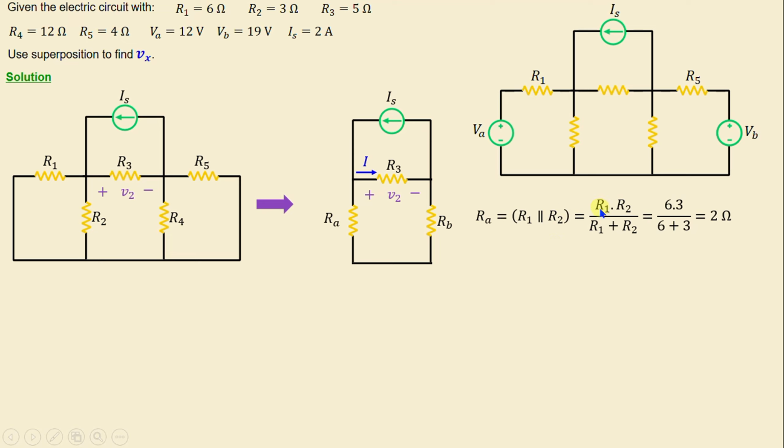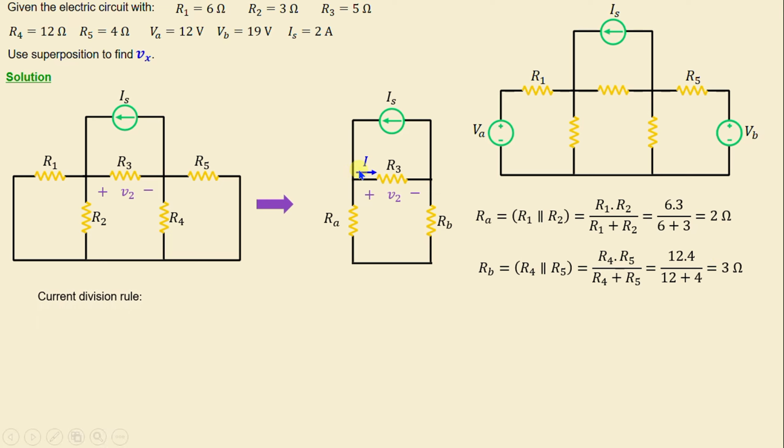That means Ra is equal to R1 times R2 over R1 plus R2. We get 2 ohms. And Rb represents the parallel combination of R4 and R5, equal to R4 times R5 over R4 plus R5. We get 3 ohms.